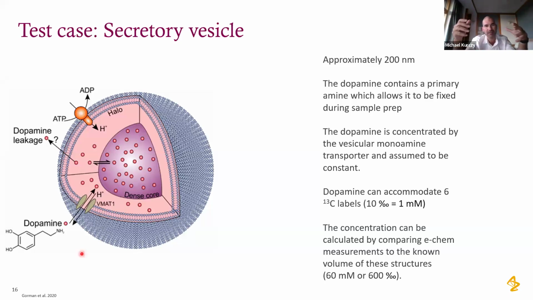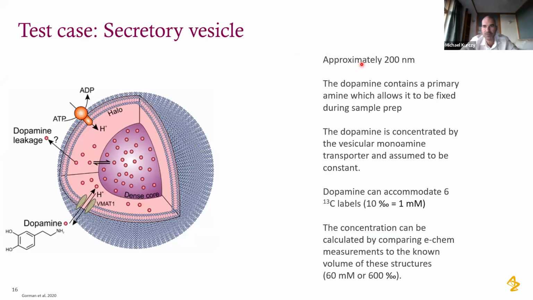And so this is a way to increase the amount of dopamine you have in the dopaminergic neurons that are actually still alive. And this was a good model for us anyway, because this vesicle sits inside a cell, so it's a subcellular structure.